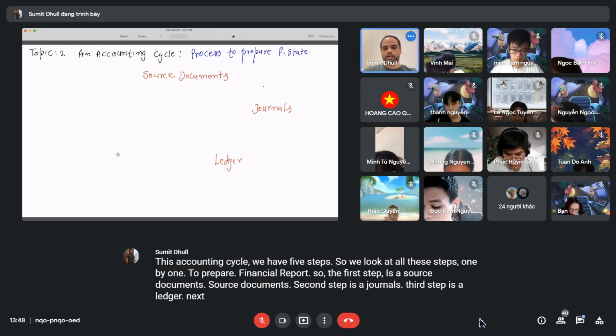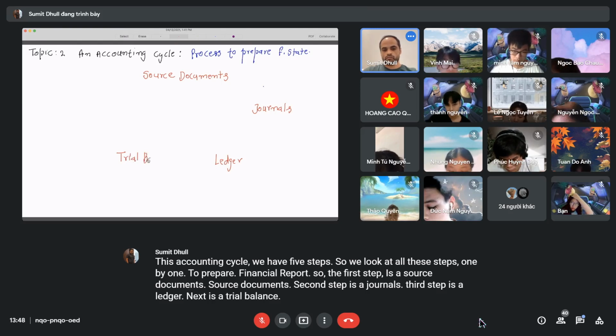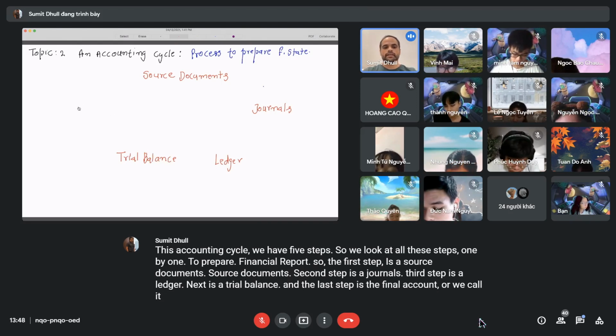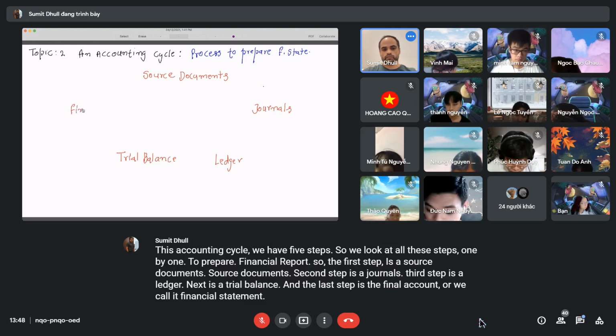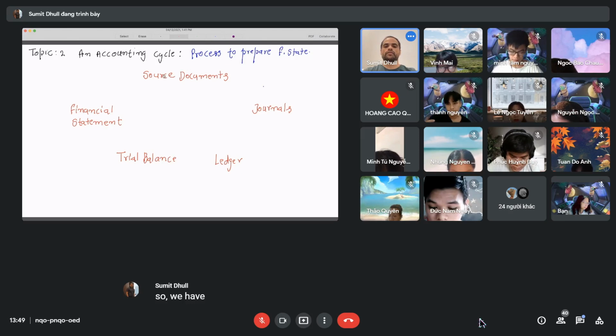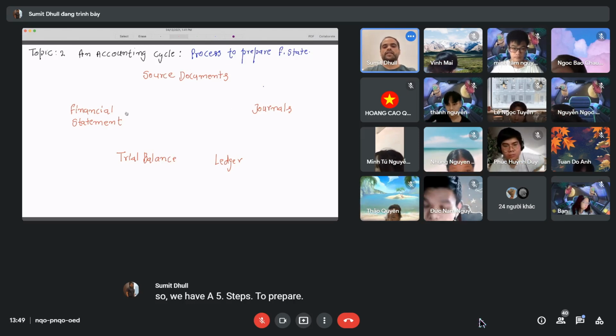Next is a trial balance. And the last step is the final account, or we call it the financial statement. So we have 5 steps to prepare the financial statement.